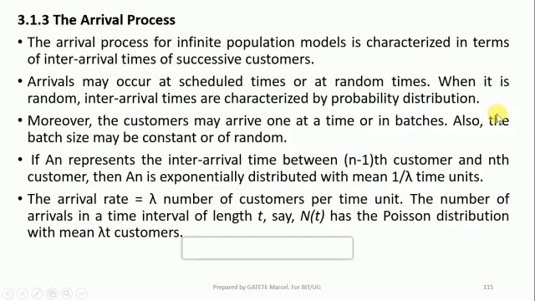The number of arrivals in a time interval of length t, say any t, has a Poisson distribution with mean lambda t customers. So the number of customers coming in a time interval of length t, for example in 1 hour or 60 minutes, must have a Poisson distribution with mean lambda t.